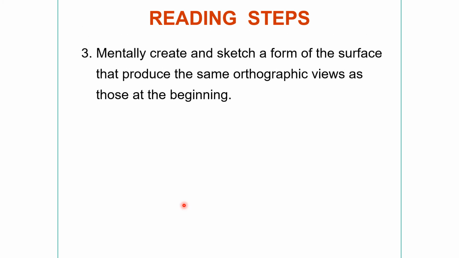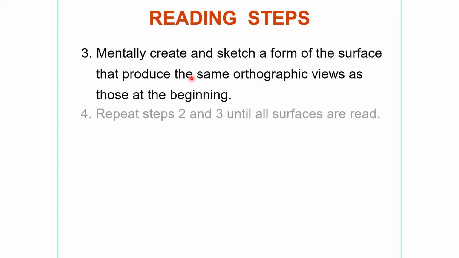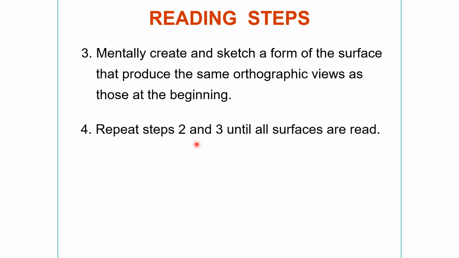Third, mentally create and sketch a form of the surface that produces the same orthographic views as those at the beginning. Means after seeing the top view, front view, side view, create an imaginary shape in your mind before creating it on the paper. Repeat steps 2 and 3 until all surfaces are read.